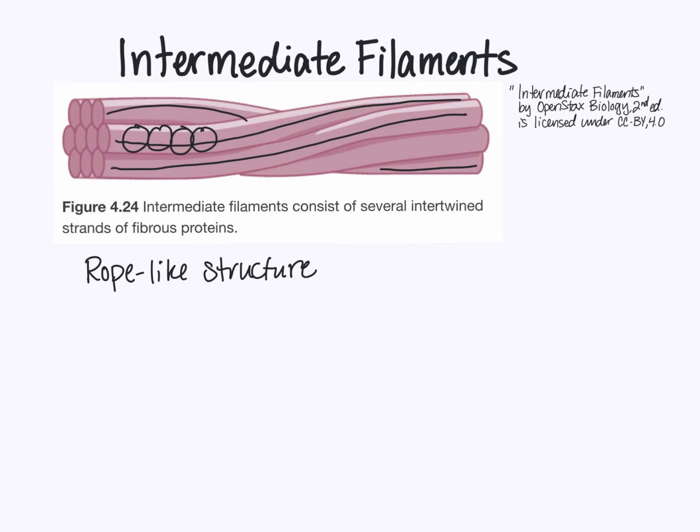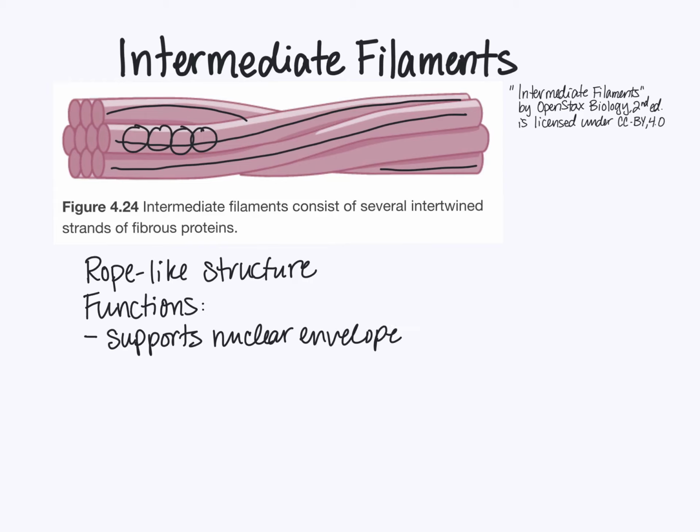Some of the functions of the intermediate filaments include providing support to the nuclear envelope and the cell membrane. They're involved in producing intercellular junctions.